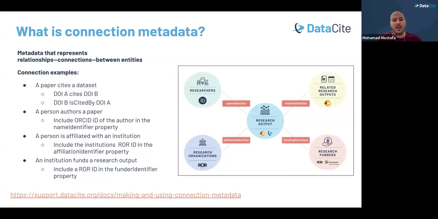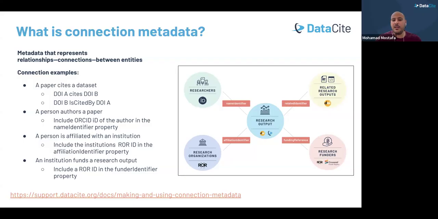For example, a paper cites a data set: we have the DOI for the article and the DOI for the data set, and we give the opportunity to describe that in more detail, as you will see in my next slide. We also give the opportunity to acknowledge the researchers or contributors.